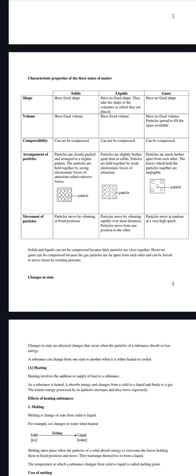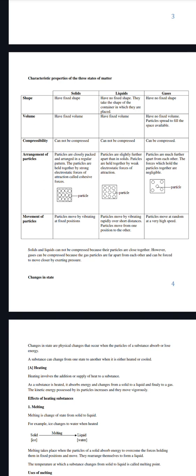If we compare the movement of particles in these three states of matter, in a solid, particles do not move, but only vibrate in their fixed positions. In liquids, particles move by vibrating rapidly over short distances, moving from one position to another, but at a shorter distance compared to a gas.